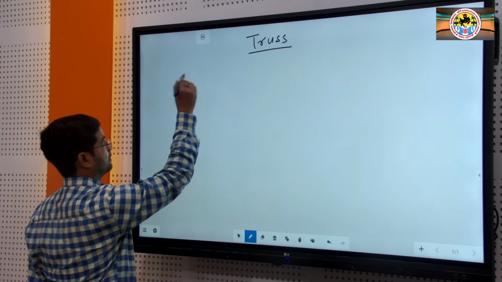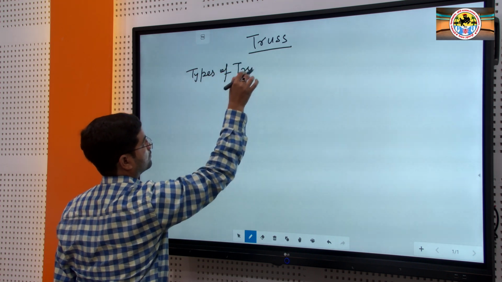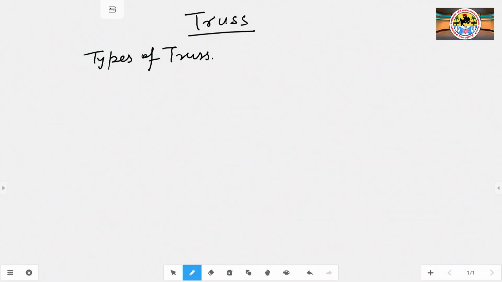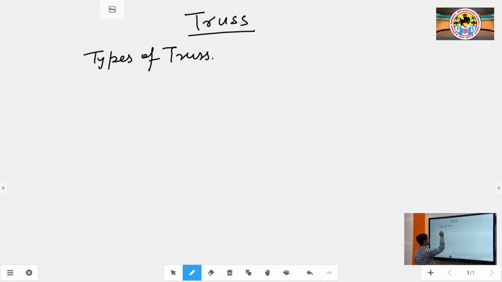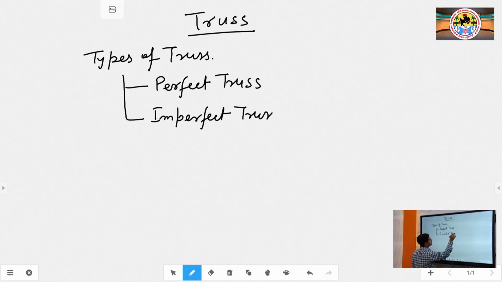Now, the types of the truss. Basically, trusses are of two types. Either it is a perfect truss or it is an imperfect truss. So, here is a formula to identify whether the truss is perfect or imperfect.